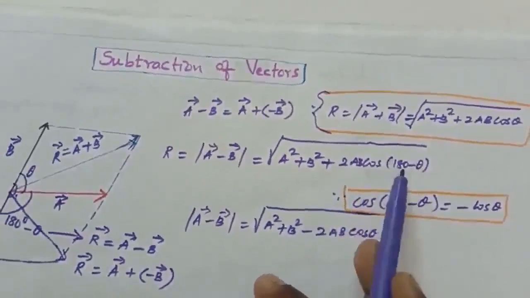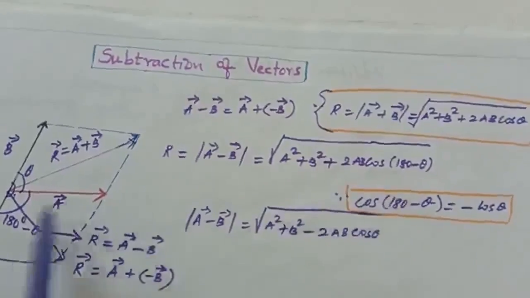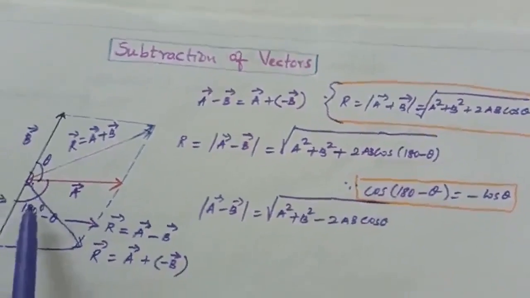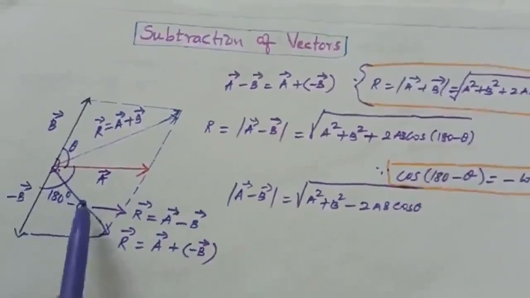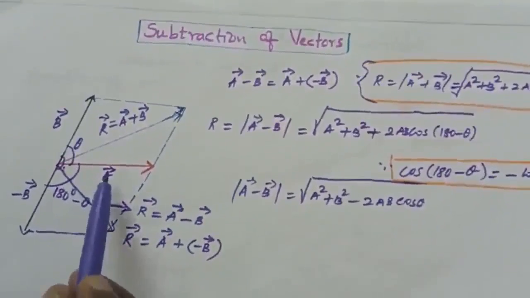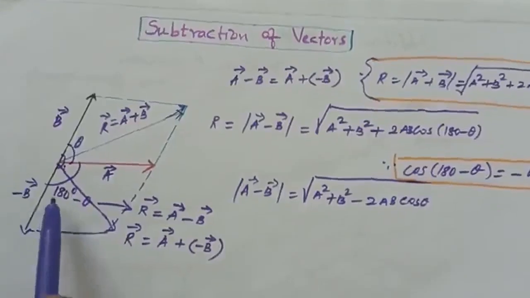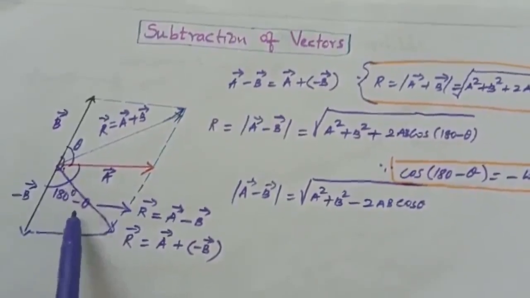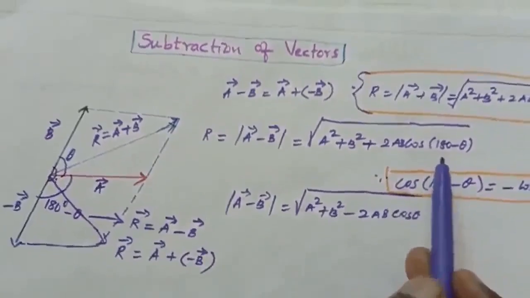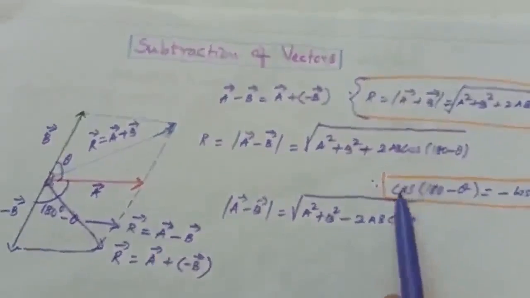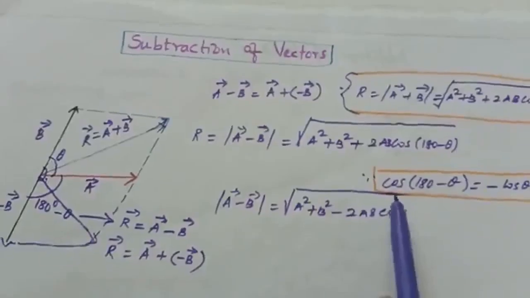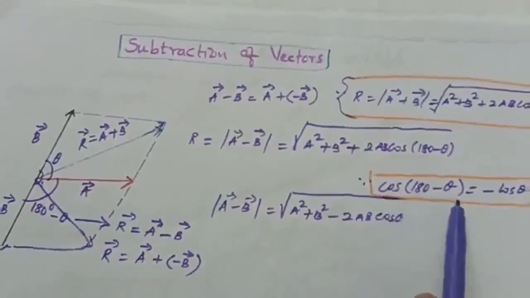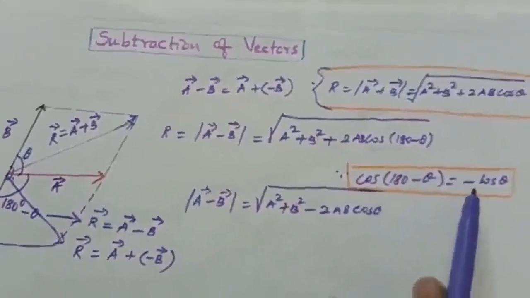Now listen. This is the angle between A vector and minus B vector, so 180 minus theta. Now substitute here the trigonometry relation: cos of 180 minus theta is minus cos theta.